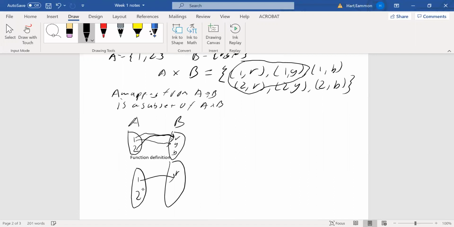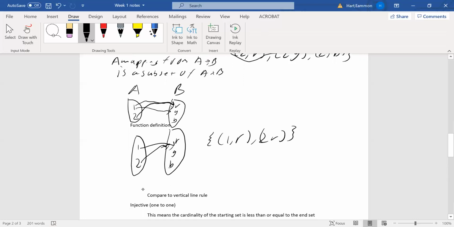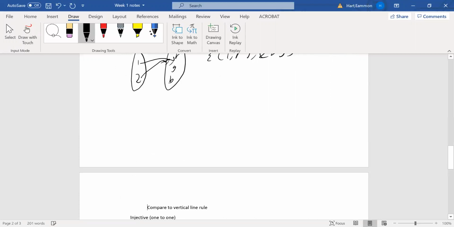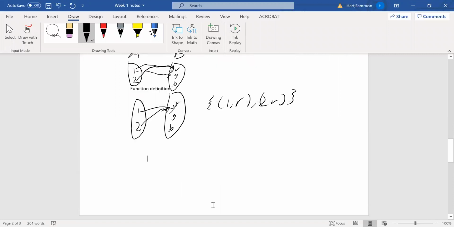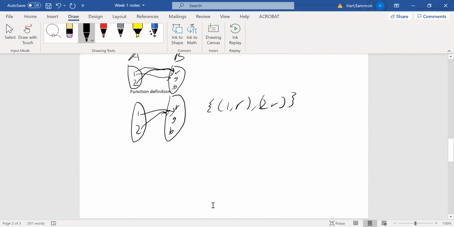So this right here, that's fine, that's a function. If we have the ordered pairs (1,R), (2,R), that's fine. That is a function, but this is equivalent to the vertical line rule.